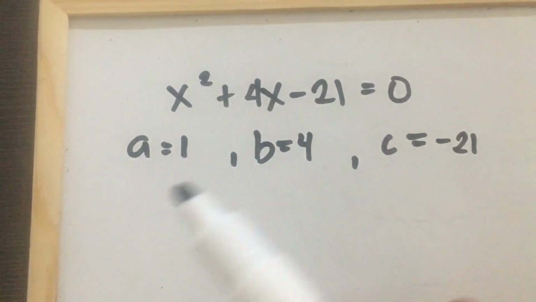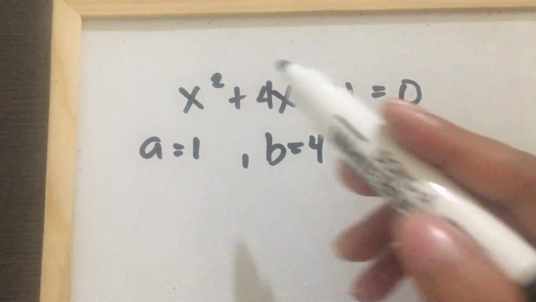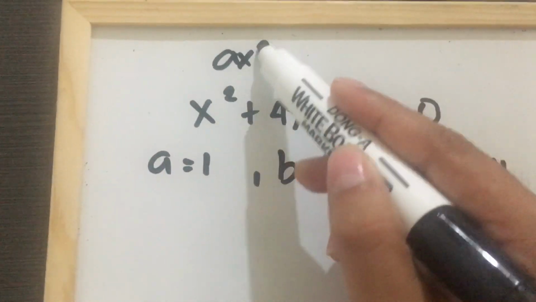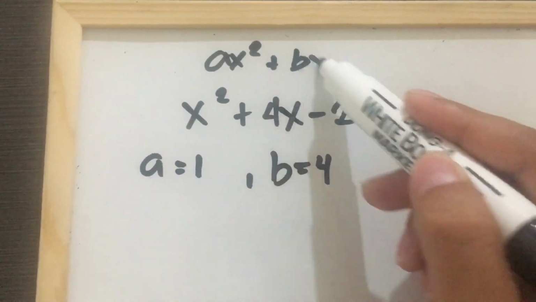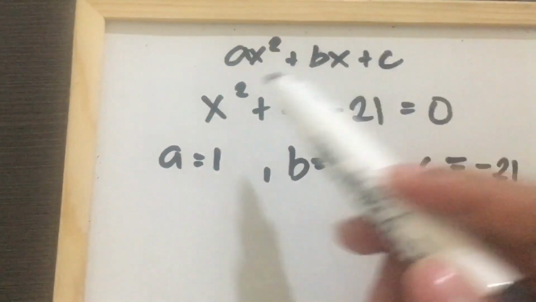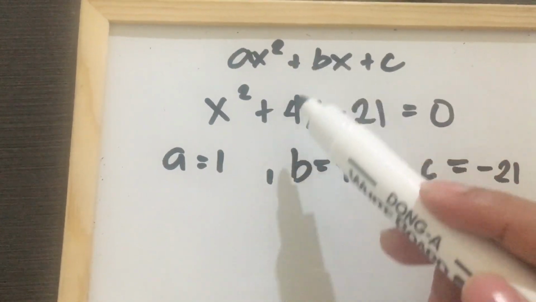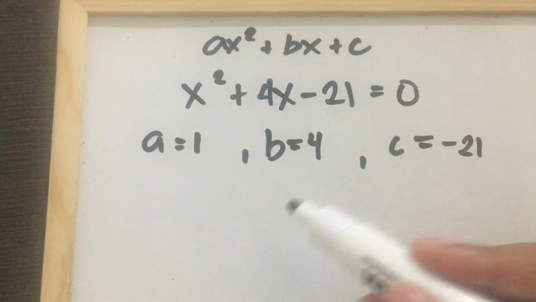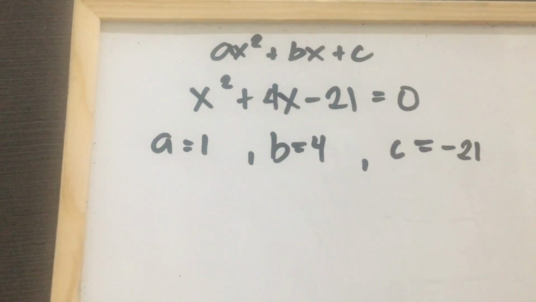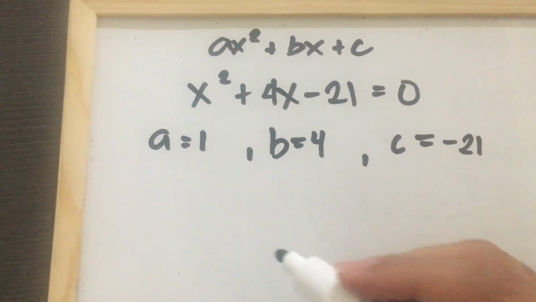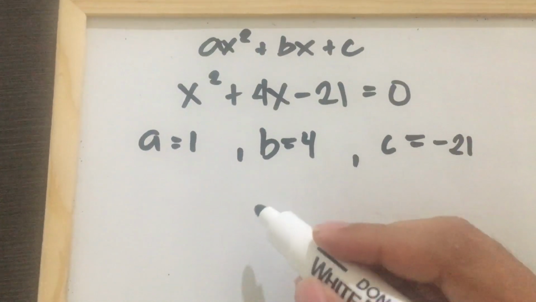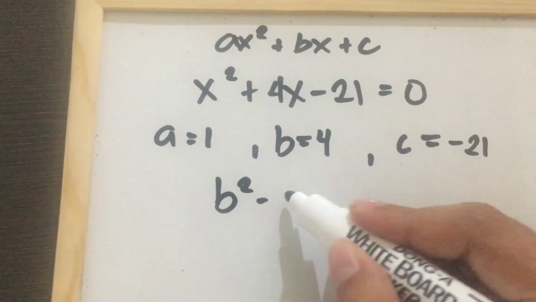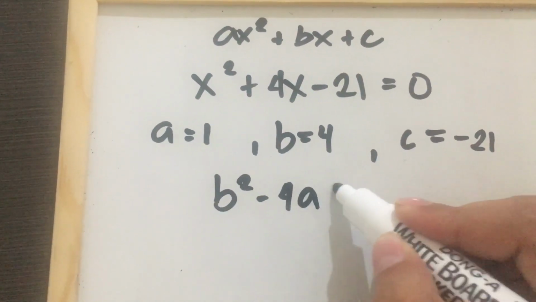So what is my basis? How do you get a, b, and c? Because we all know that the standard form of a quadratic equation is ax squared plus bx plus c. So our a is 1, our b is positive 4, and our c is negative 21. So how can we solve for the discriminant? The formula is b squared minus 4ac.